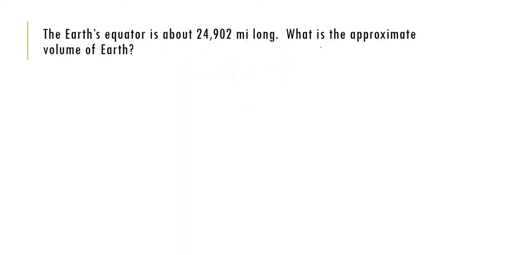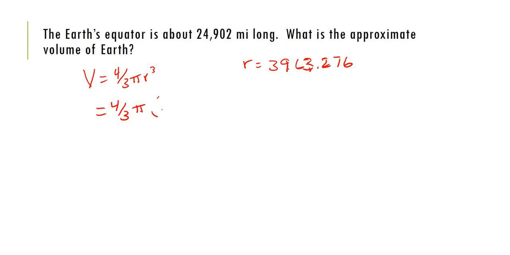Now let's go back and let's try again. Again, back to our Earth. What's the volume of the Earth? Oh, we need 4/3 pi r cubed. We found the radius in our last problem to be 3,963.276. I like to get as much accuracy as I can. So 4/3 times pi times this radius cubed. First, find me an answer in terms of pi. In other words, don't put the pi in, and then find a full decimal answer, and then come back when you have those values.